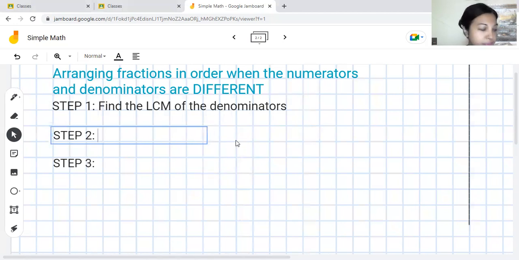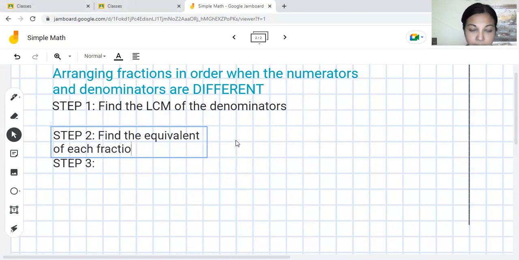Step 2, we are going to find the equivalent of each fraction. And this is the same as making equivalent fractions. So we are going to find the equivalent of each fraction with the LCM as the denominator.